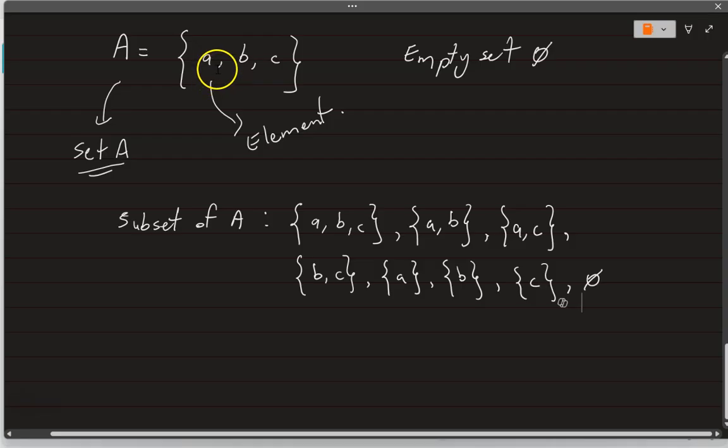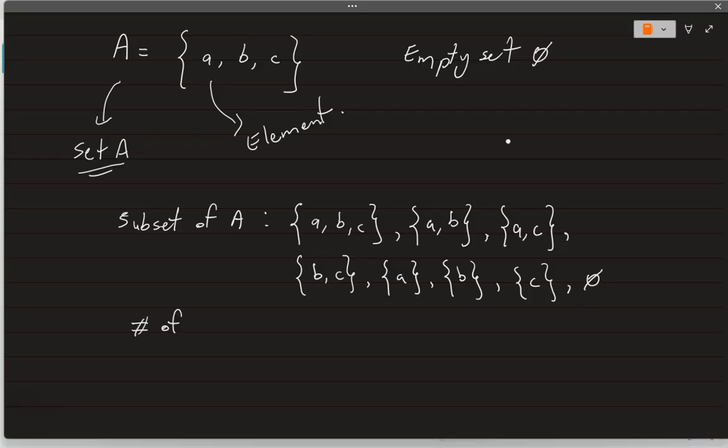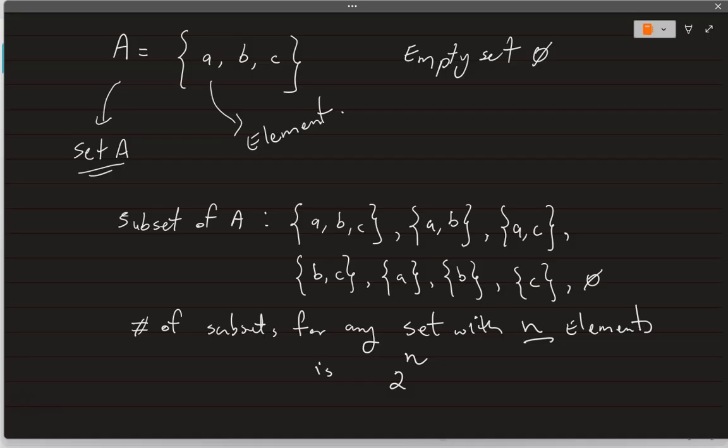We have three elements in here. Let's see how many subsets we have. We have 1, 2, 3, 4, 5, 6, 7, and 8. Now it turns out that the number of subsets for any set with n elements is 2 to the n. Always is.